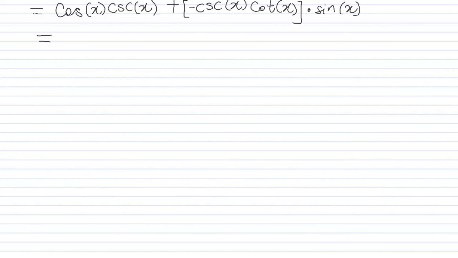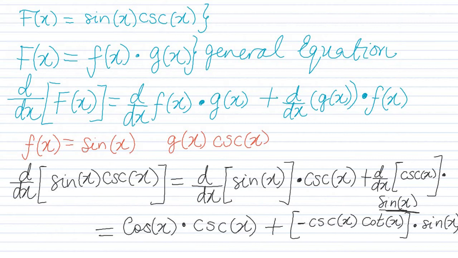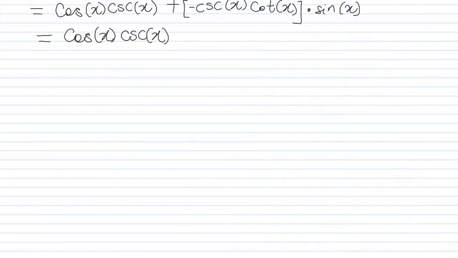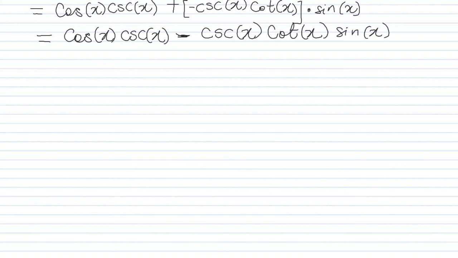So the next thing would be to multiply everything. So we have cosine x cosecant x. By the way, the stuff up top is just me rewriting what was at the bottom of the previous page. So minus cosecant x cotangent x sine x.